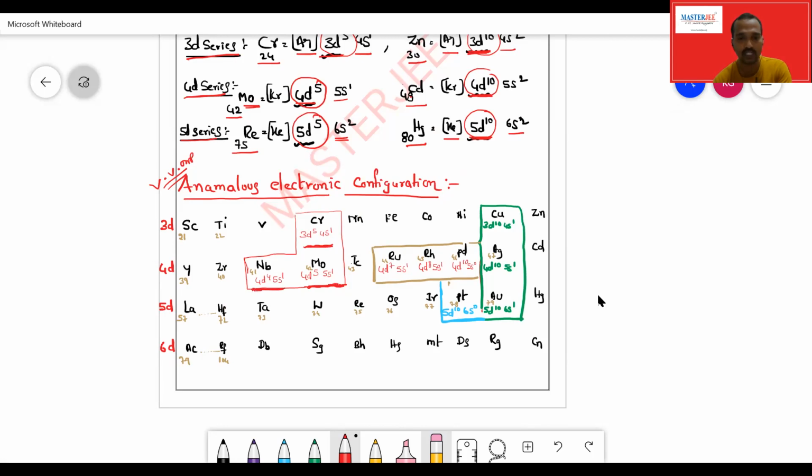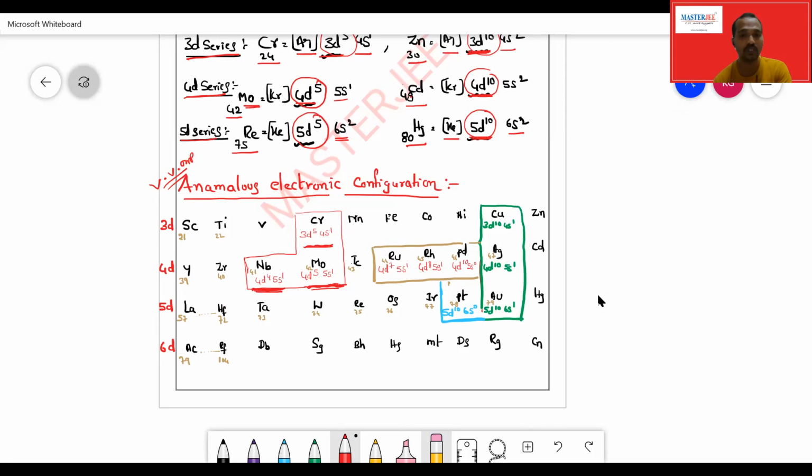Anomalous means that, compared with the remaining elements, these have a different electronic configuration, one which does not follow the Moeller diagram. According to the Moeller diagram, we express the electronic configuration.